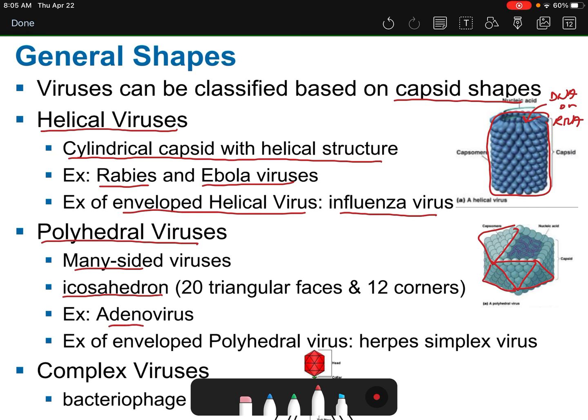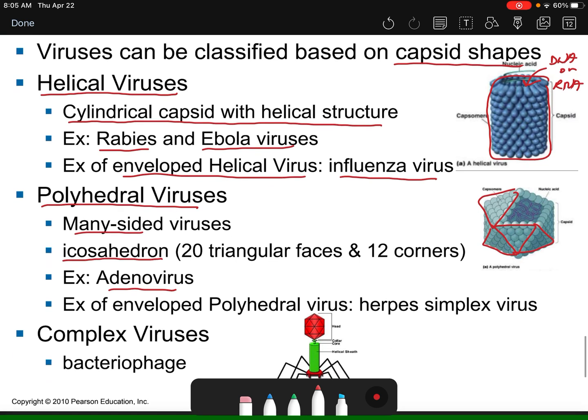The adenovirus is an example of that. The herpes simplex virus, and there are various strains of that, causing anything from cold sores or warts to chickenpox and shingles, is an example of an enveloped polyhedral virus.